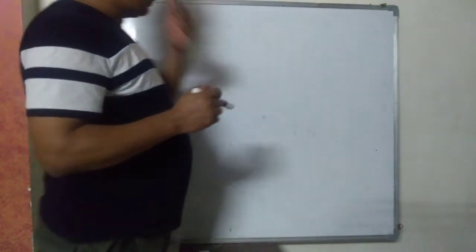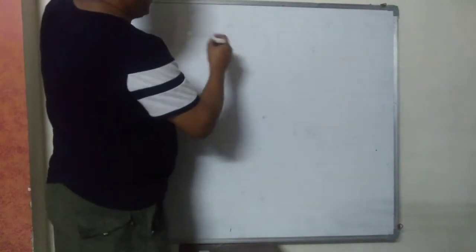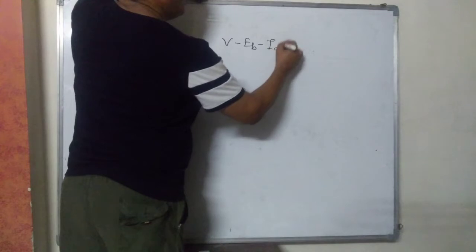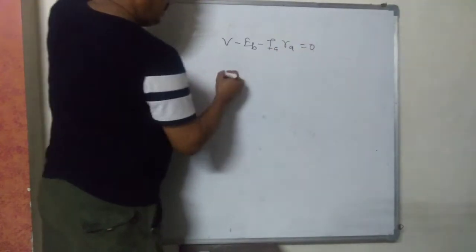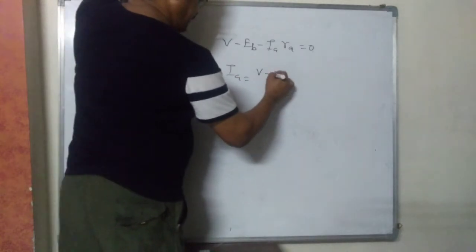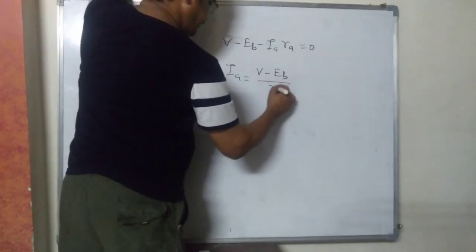Now listen to me carefully. We have studied this equation. From this equation, IA will be (V minus EB) upon RA.